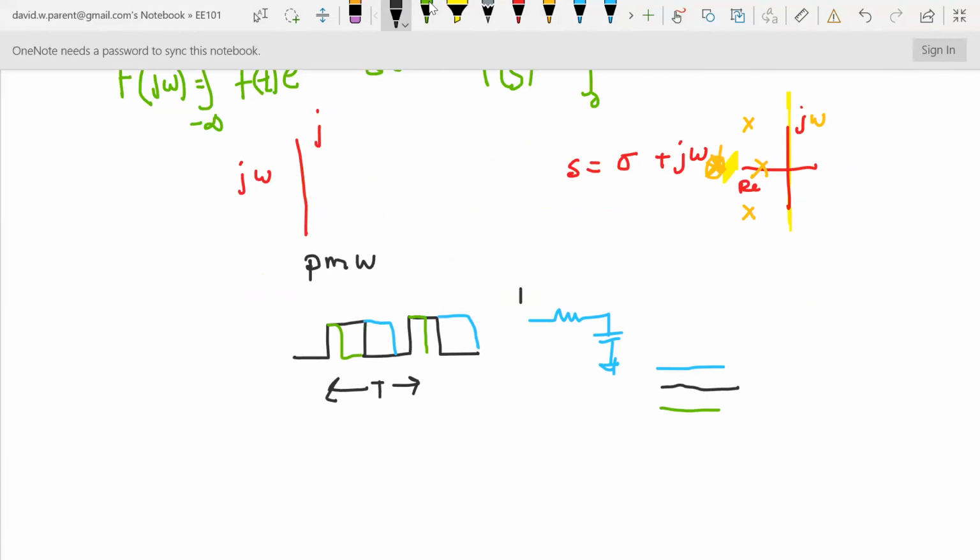So a low pass filter can give you analog values out of it. The trick is it can get tricky, and to analyze this properly, we need to convert these pulses into a sum of sines and cosines.